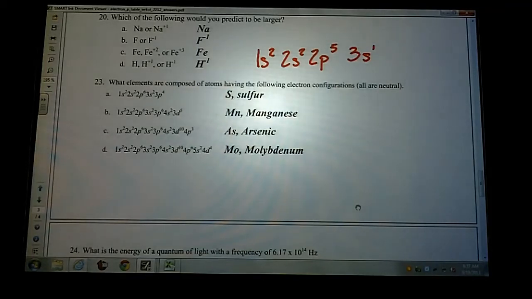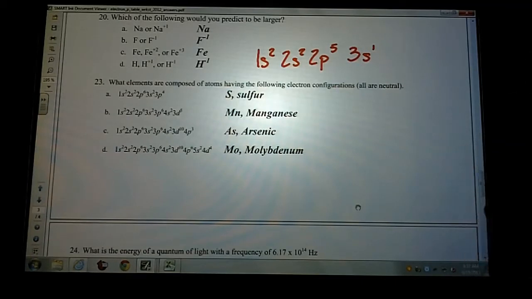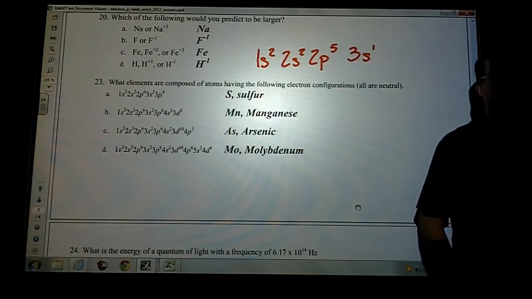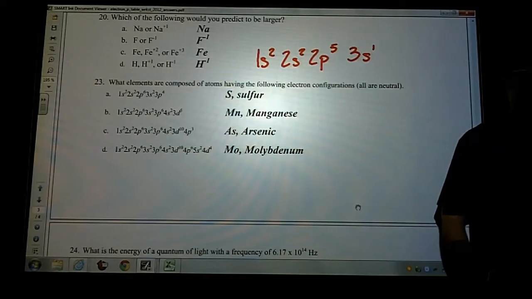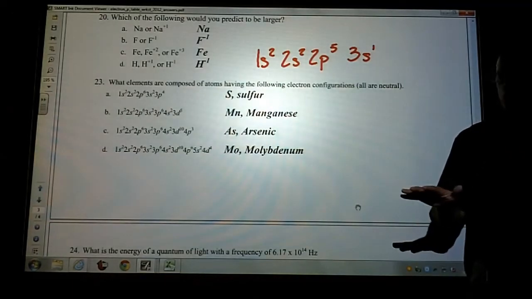Can that happen? I hear a sure. Let me ask you if it's ground state. What does ground state mean? Lowest energy level, where it's just relaxing, everything's okay.